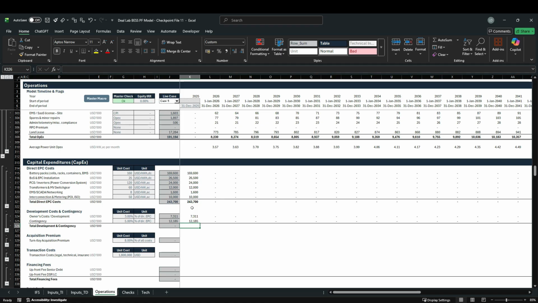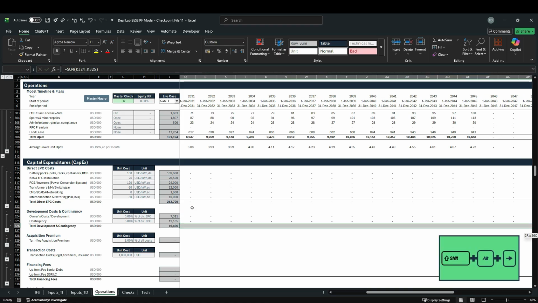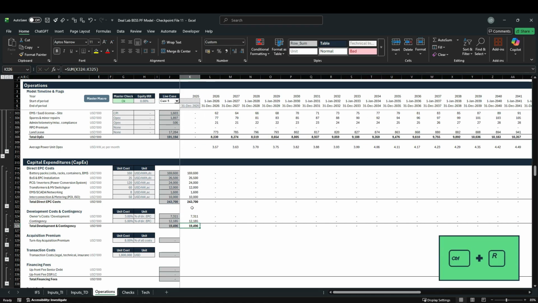Then we can take the sum of those two items, drag it over, Control R. And this will allow us to model our turnkey acquisition premium that an investor coming in at COD would likely be willing to pay. The case study assumes that it's going to be 8%. In the real investment world, this input here would likely change depending on the asset structuring of each specific case.